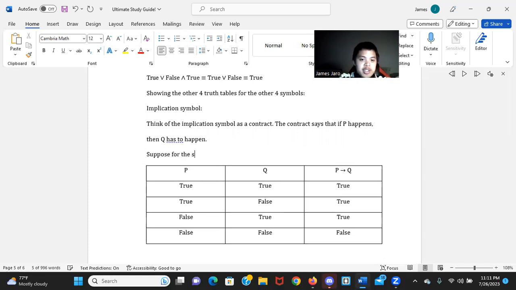Suppose, for the sake of argument, that P is the statement, I did my homework, and Q is equivalent to the statement, I went to, and for the sake of copyright, I'm going to change the name, I'm going to say that we went to NISD.